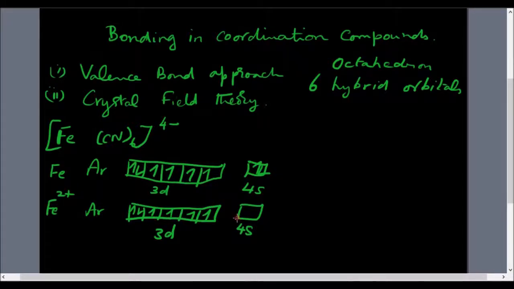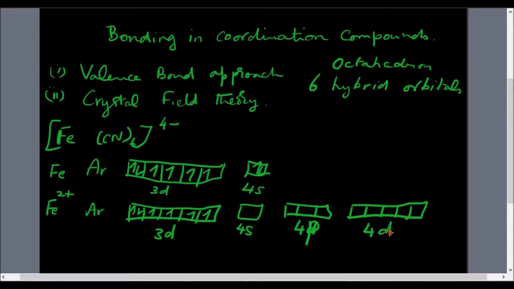Now, though we have not shown, the 4p orbitals and 4d orbitals are also present, which are vacant. I'm sorry, this is 4p and this is 4d. Now, how can we get 6 hybrid orbitals?